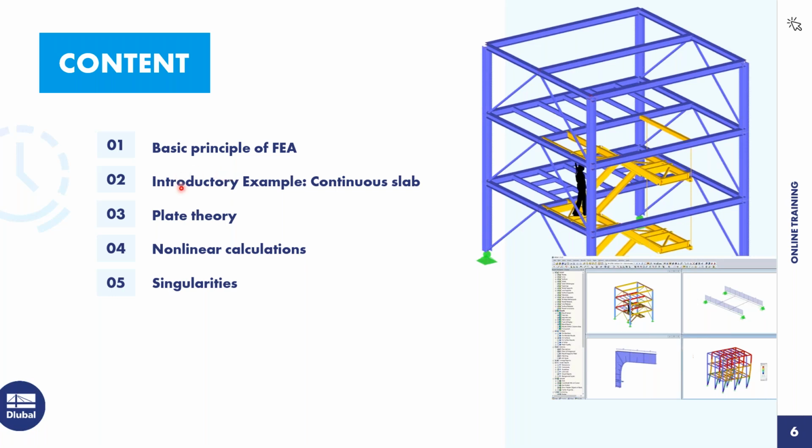Then we will model together a kind of continuous slab. It will be our introductory example of today. Then we will give you an introduction to the plate theory, the basic conceptual difference between two plate theories, Kirchhoff and Reissner-Mindlin. Furthermore, we show you how to perform nonlinear calculations with Rfem 6, and the final step will be some input of singularities, which we also do together.